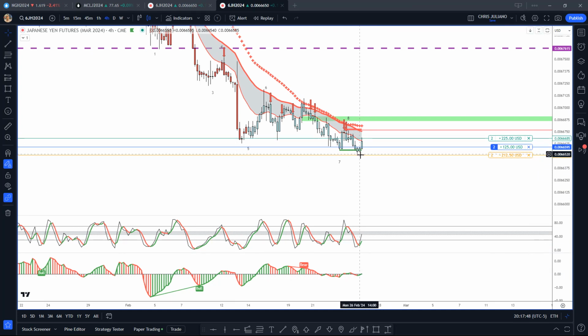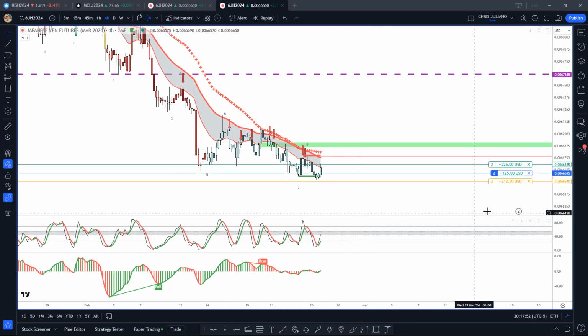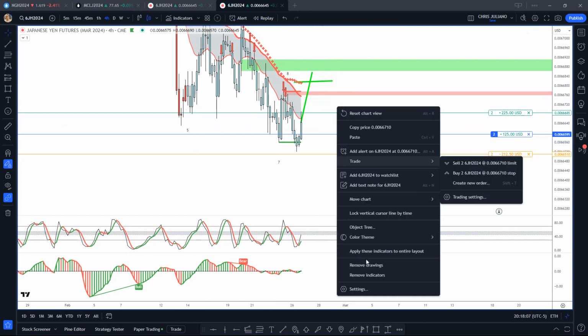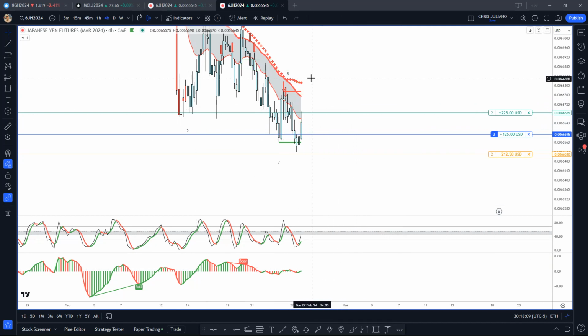So we're actually in a corrective move on an extended trend. And in a corrective move, what does price want to do in an extended trend? It wants to go and break above the 50 simple right there. Okay, so that is what price wants to do.